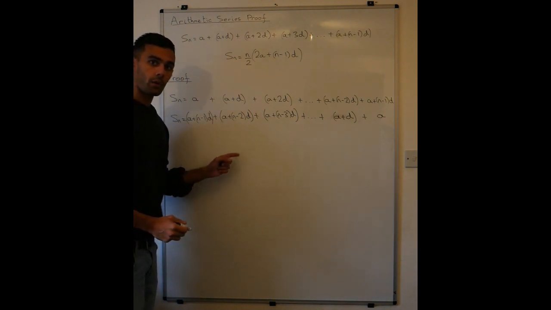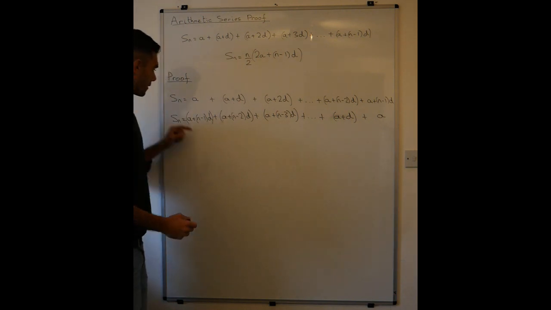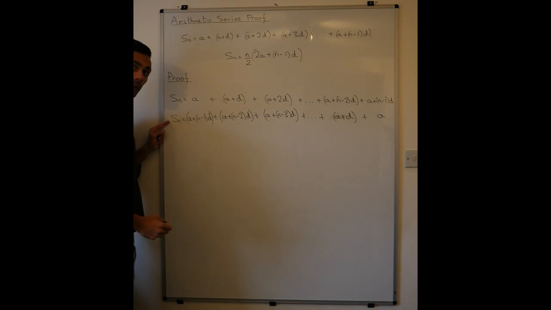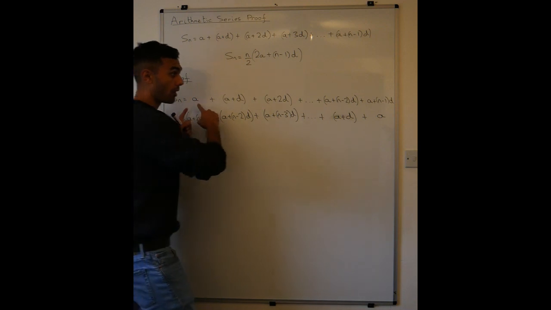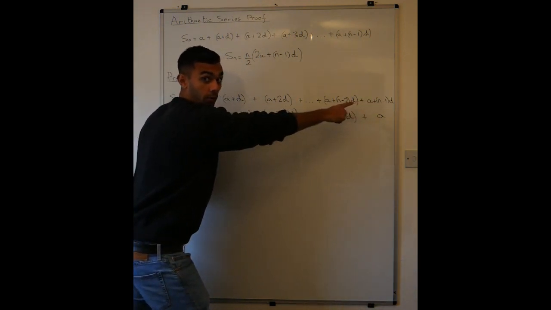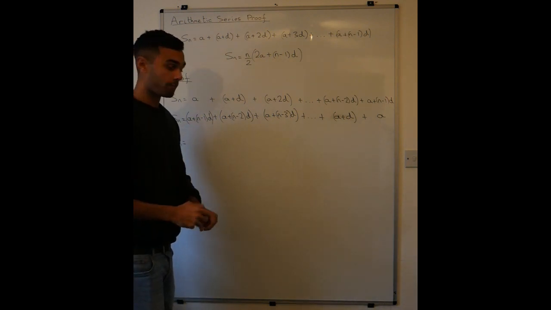Third line, we're going to add these two together. Sn plus Sn just gives us 2Sn. Now on the right, rather than writing one giant sum where we have all of the top terms added together plus all of the bottom terms, we'll pair them off.